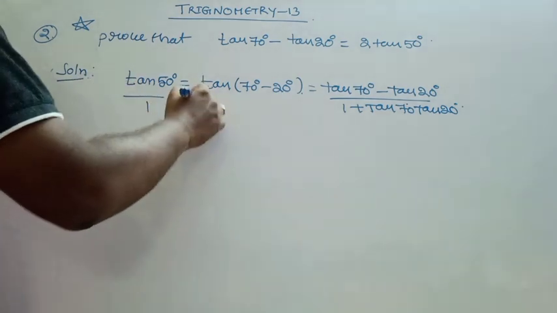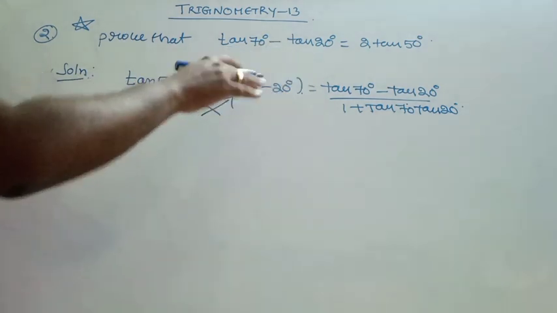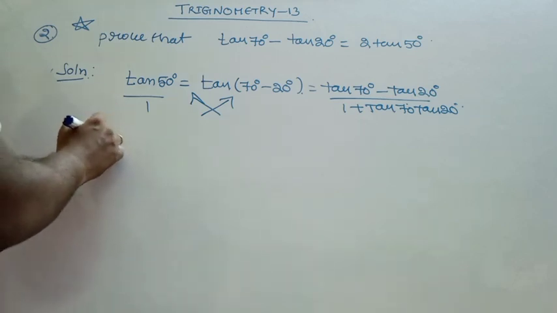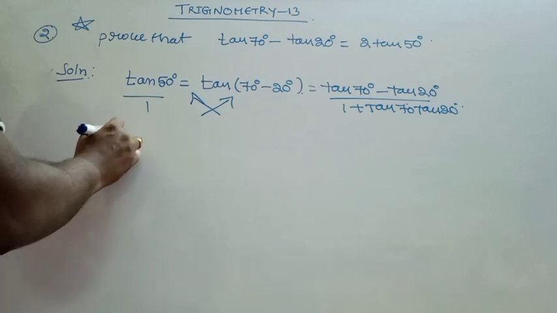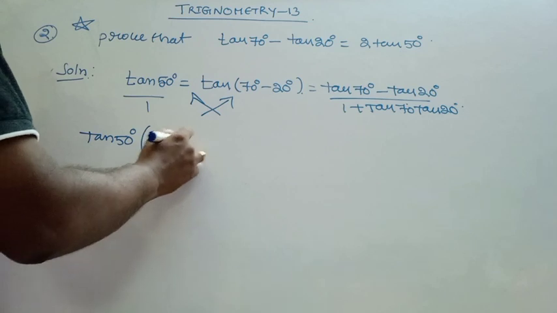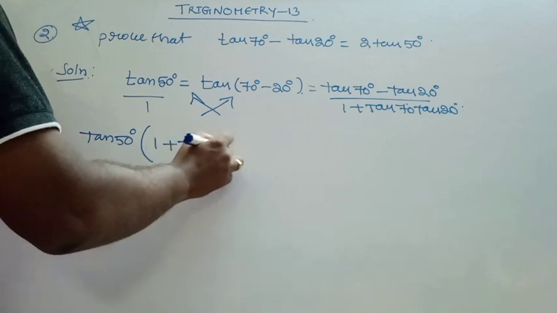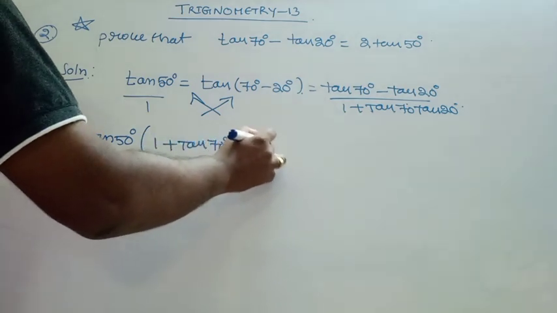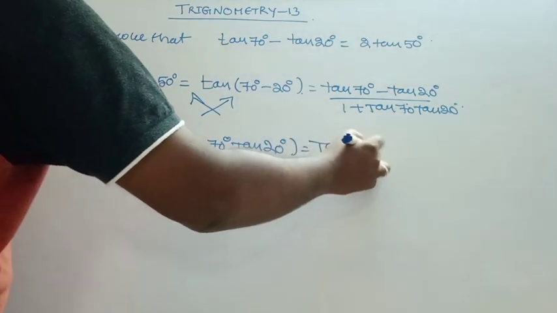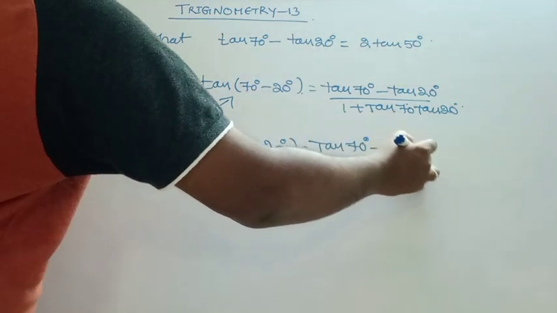Now if you do the cross multiplication for this, what we are going to get is tan 50 degrees into 1 plus tan 70 into tan 20 degrees is equal to tan 70 minus tan 20 degrees.